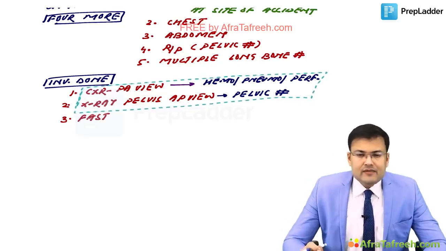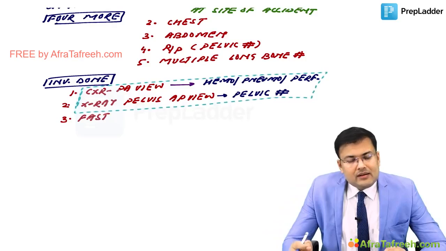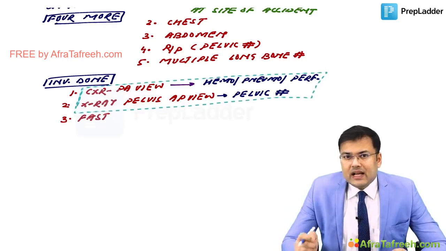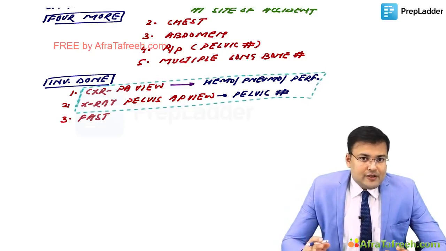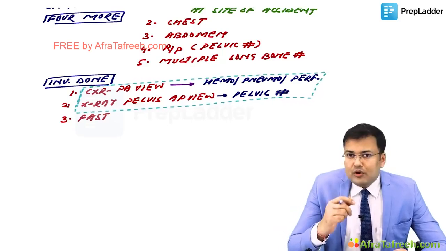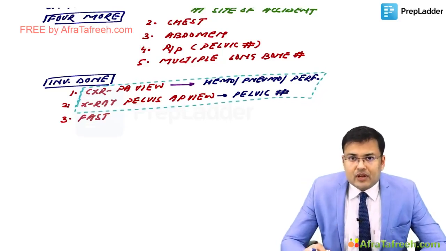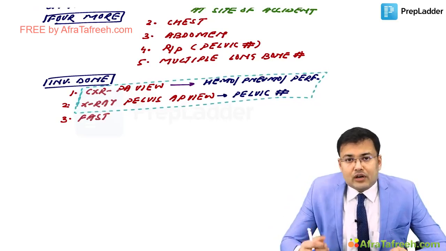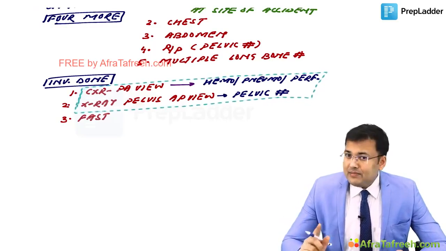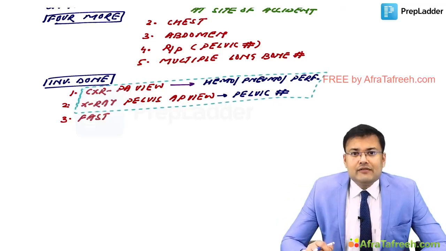Now see, we started the fluid resuscitation, right? But despite fluid resuscitation, the patient is still having signs and symptoms of ongoing shock. So if there is no improvement despite fluid resuscitation, it means there are two problems. First, we have to look for ongoing blood loss, whether some kind of ongoing blood loss is occurring in the body or not. And second, we have to give blood transfusion.